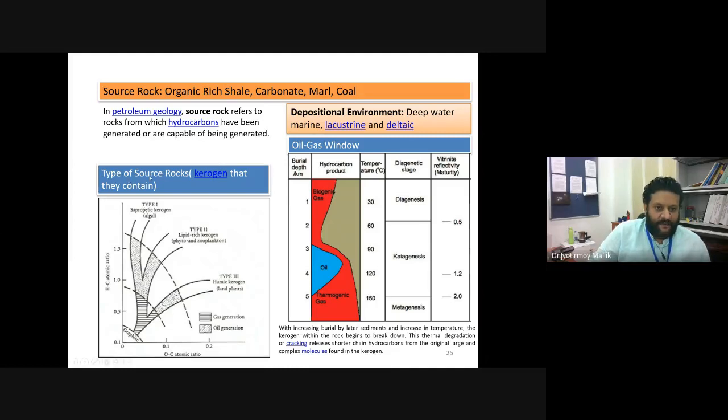Now, the type of source rock depends on the kerogen. Okay, so kerogen is essentially the organic matter present in the source rock. Depending on the type of kerogen, we can subdivide into three categories. And this is a very important classification, and often you can expect questions from this classification.